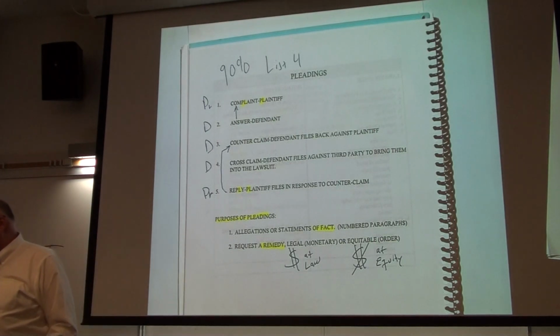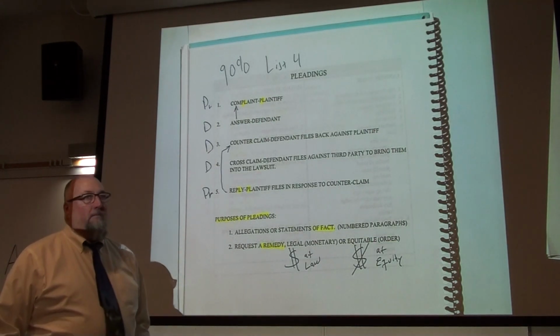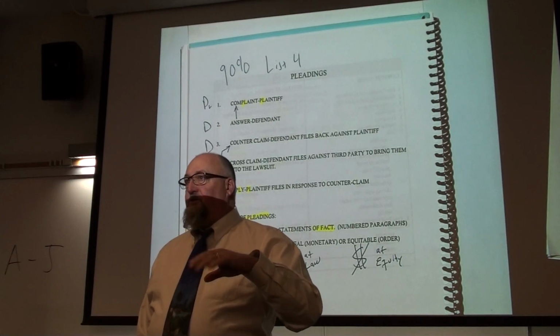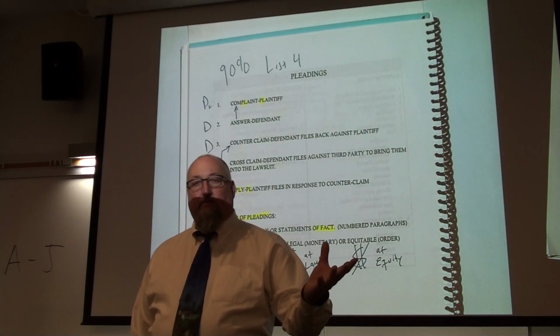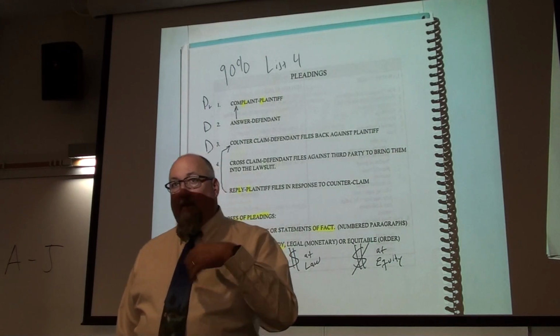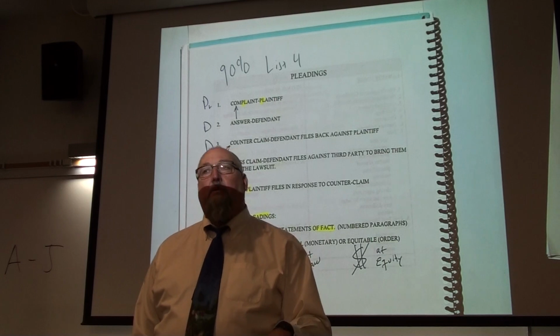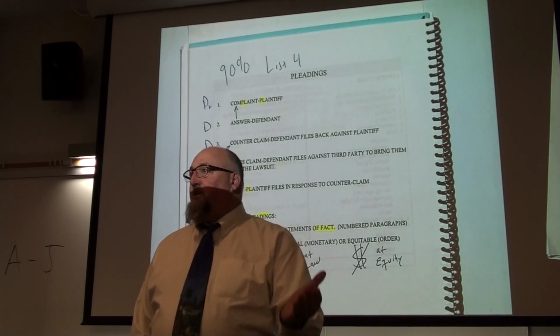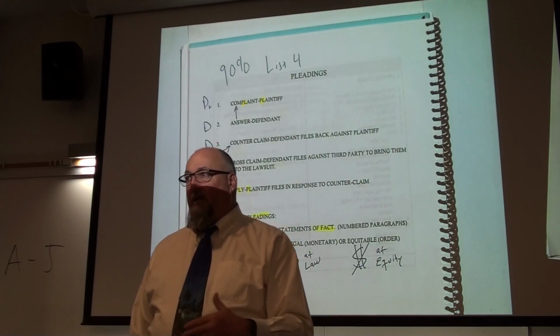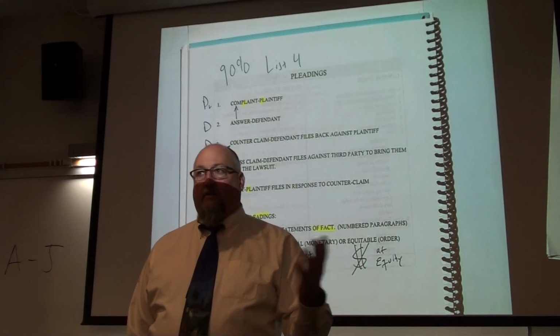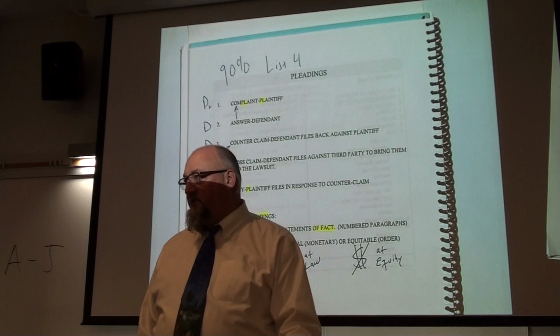So on the midterm, list 4 is a fill in the blank question. So what are 4 types of pleadings? And then anything on this page. And then the other type of question would be more of a multiple choice or true false. Which side files which type of pleading? So I may say, okay, true or false, the plaintiff files the cross-claim. And the answer would be false.